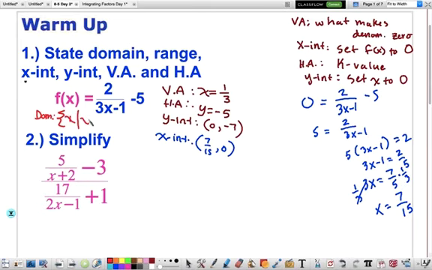X is such that x cannot equal... You guys fill in the blank. There we go. 1/3. Range. Y is such that y cannot equal -5. There you go. So give me a thumbs up if you're good with that one.